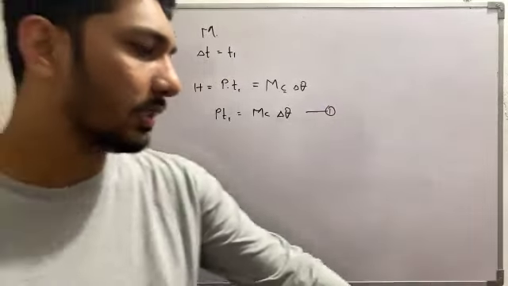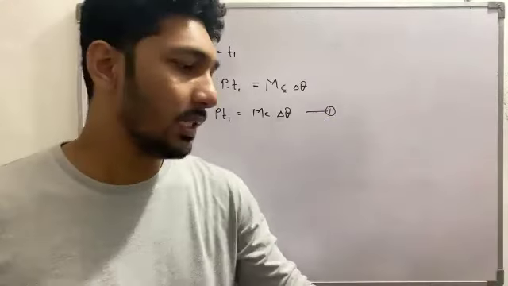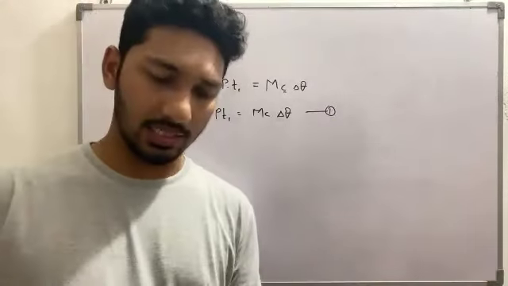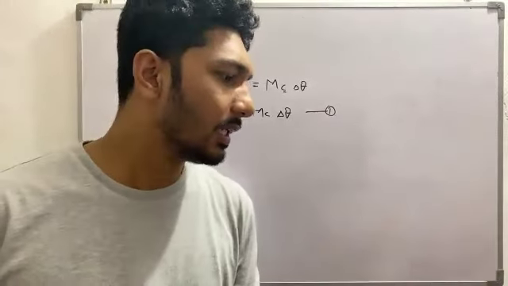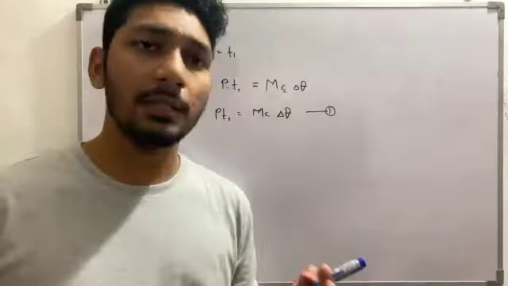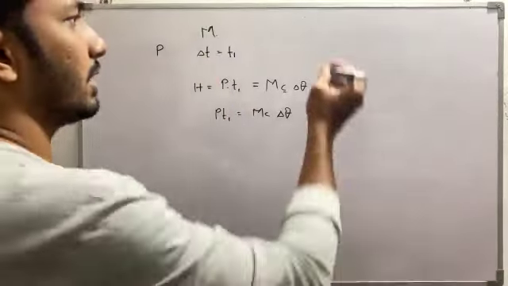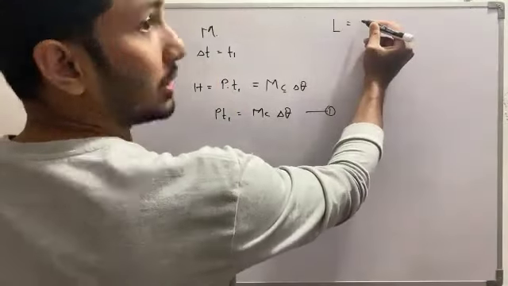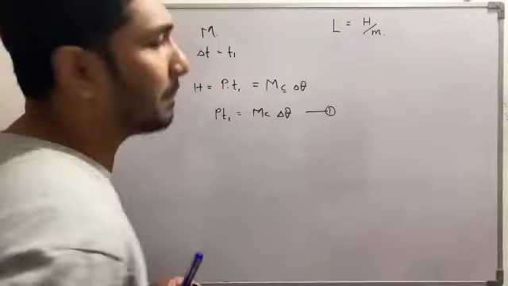Okay, now they are giving another data with regard to the latent heat. So latent heat is the heat that is needed for vaporization. Latent heat of vaporization will be the amount of heat per unit mass. Okay, so if it is the latent heat L, that will be equal to the amount of heat required for unit mass to vaporize.